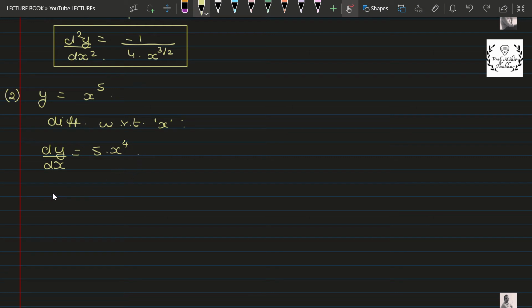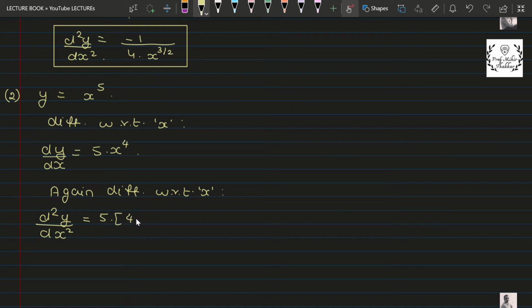In order to find the second order derivative, we will say again differentiate with respect to x. So derivative of dy by dx is d square y by dx square, second order derivative I should say. This 5 is the coefficient, so we leave this 5 as it is.